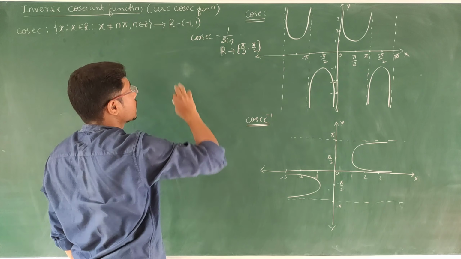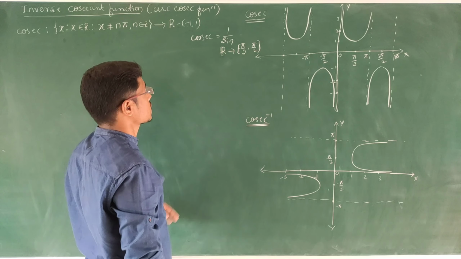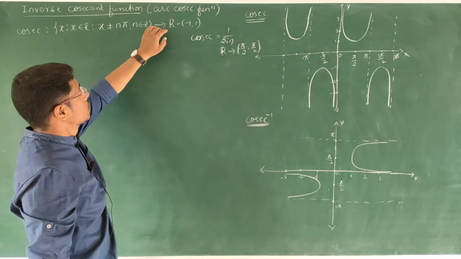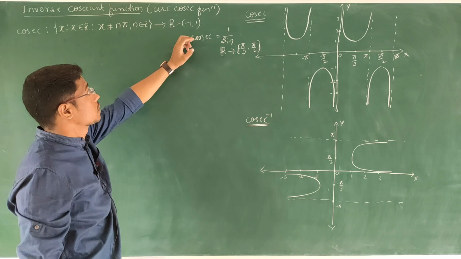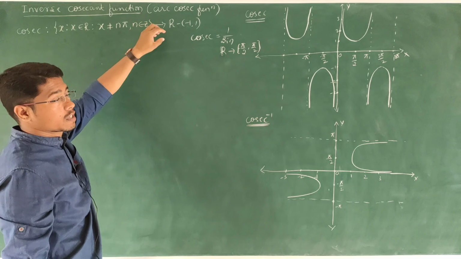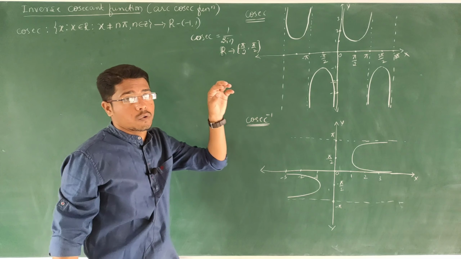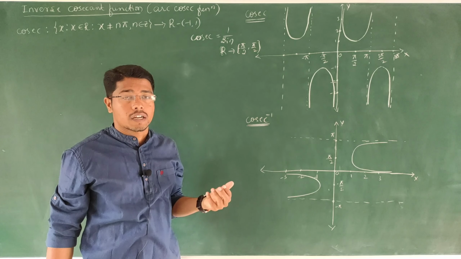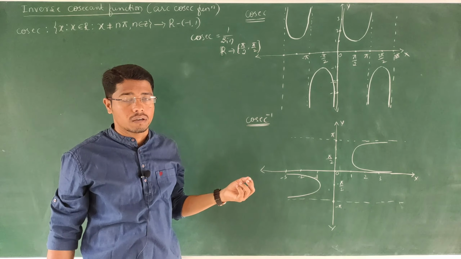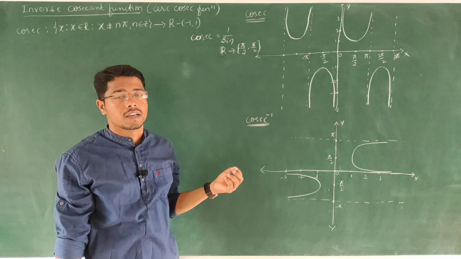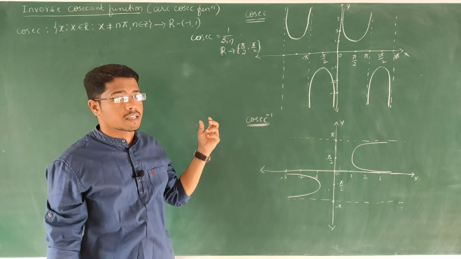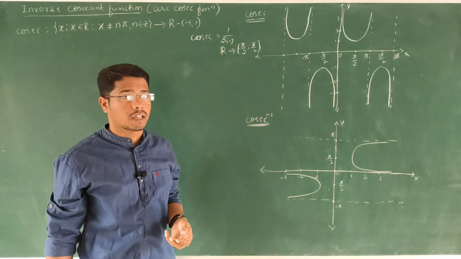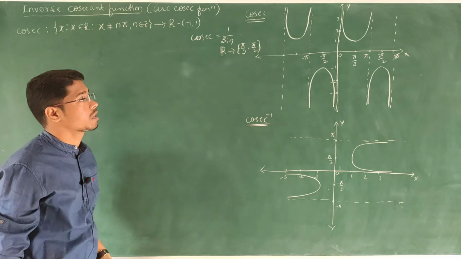So except 0 it is defined, cosec x will be defined. So that is the definition of cosec x. It assumes all values in the set of real numbers except minus 1 comma 1, and it is not defined at x equal to n pi, that is, at multiples of pi.